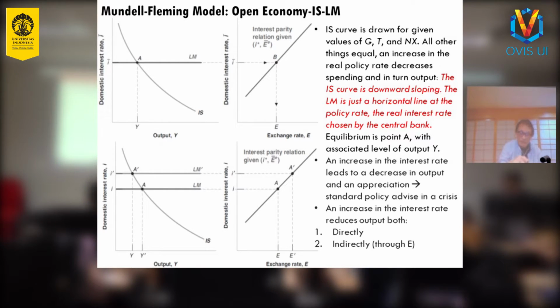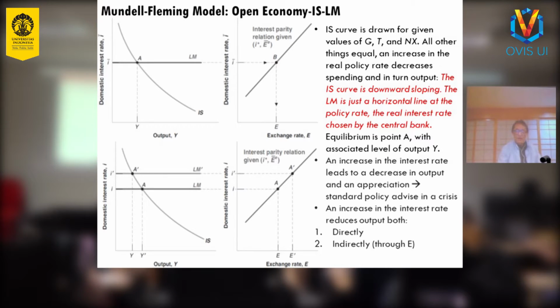And the answer is on the chart on the right-hand side. Okay? So that is a line showing the relation between the exchange rate and the domestic interest rate. So if the interest rate goes up, then the exchange rate also goes up. Now, in this case, going up here means appreciate. Okay? Why? Because here, E is measured as foreign currency over domestic currency.